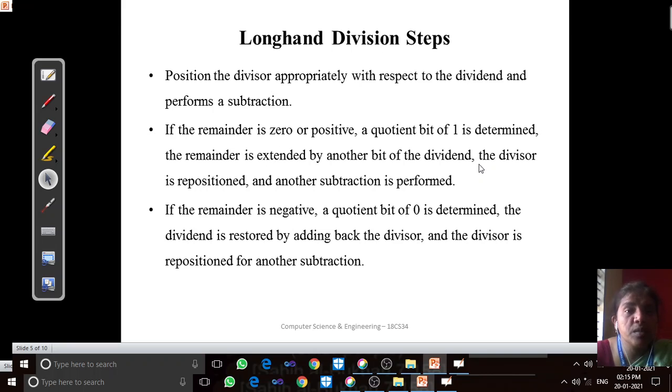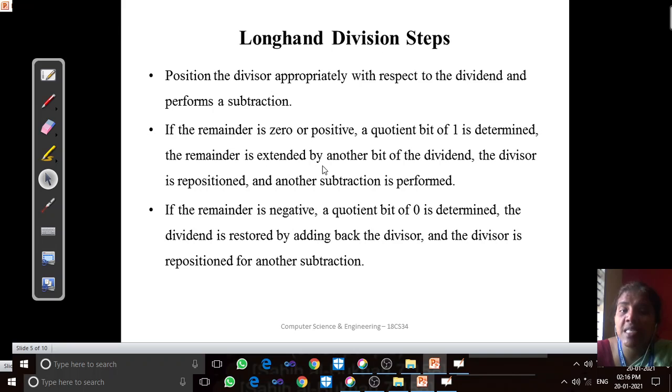Now, what are the steps followed in longhand division? Position the divisor appropriately with respect to the dividend and perform the subtraction. If it is 4 bit, you perform the division by adjusting it. If not, 5 bit, you have to reposition it properly. If the remainder is 0 or positive, here is the key point, a quotient bit of 1 is determined.